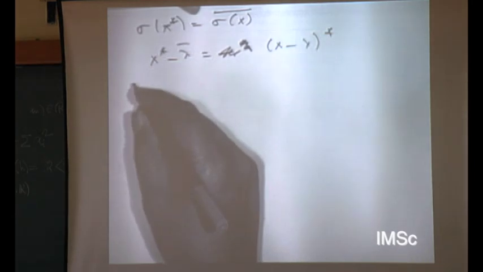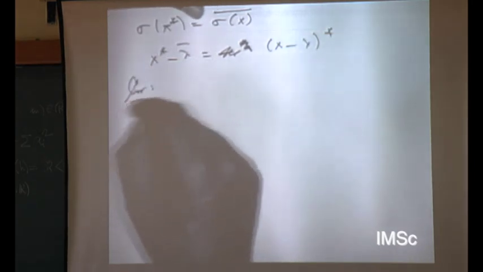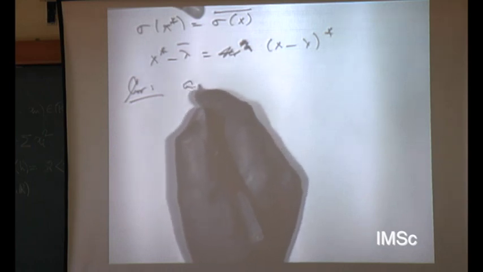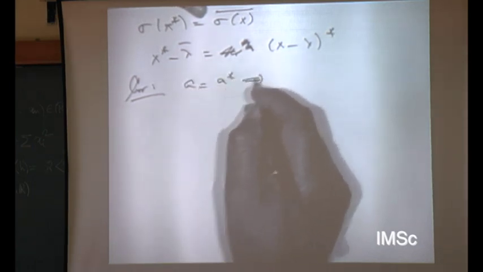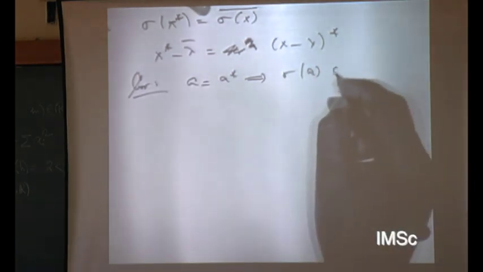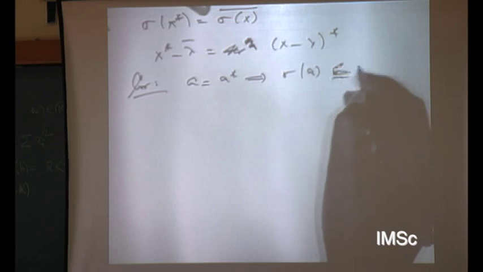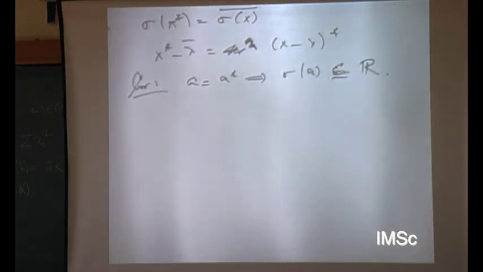So in particular, corollary is that A is self-adjoint implies the spectrum of A is contained in R, and left invariant by the conjugation map.